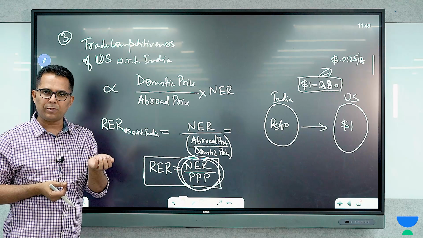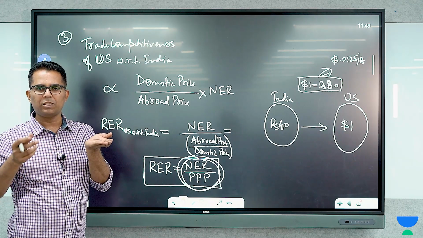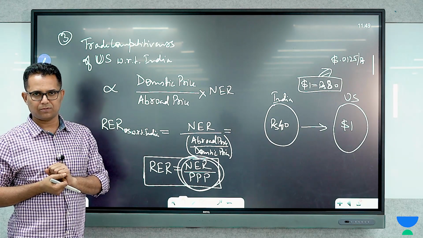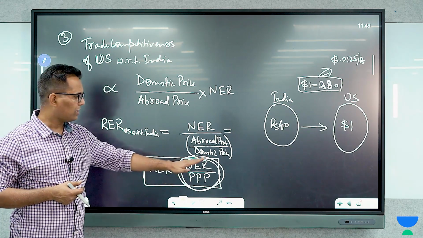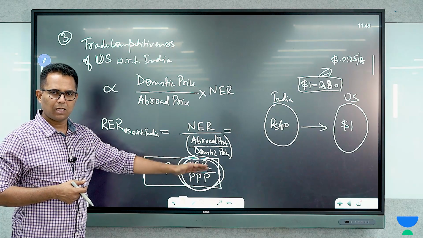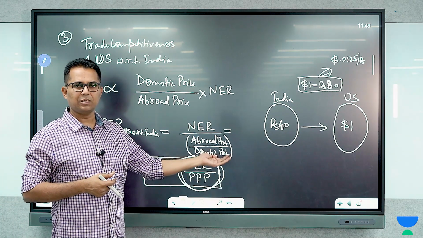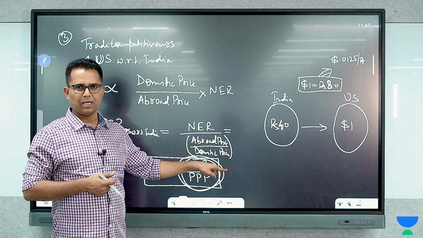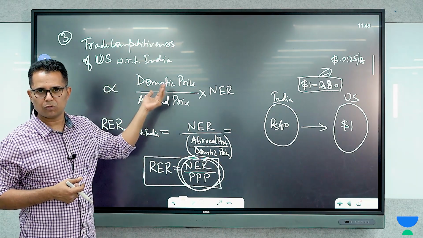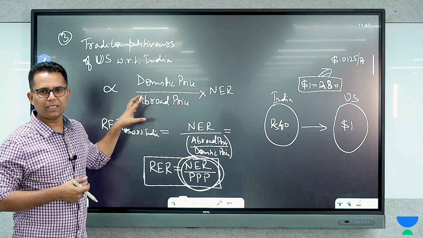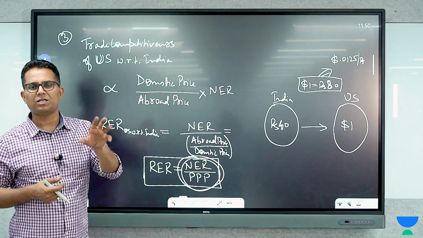If the rupee is appreciating, the rupee's trade will become less competitive. So, if this number is increasing, the rupee is appreciating and the rupee's trade is becoming less competitive. That means US trade is becoming more competitive. So, real exchange rate tells about the trade competitiveness.